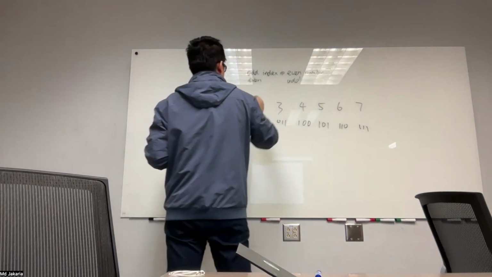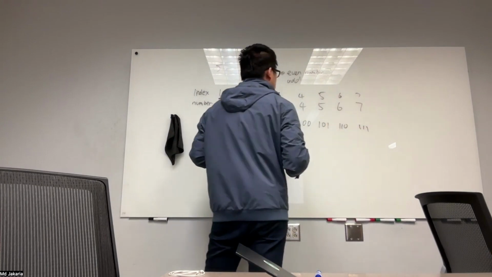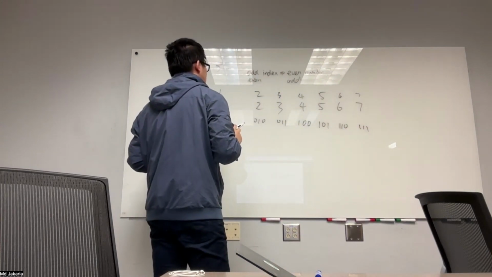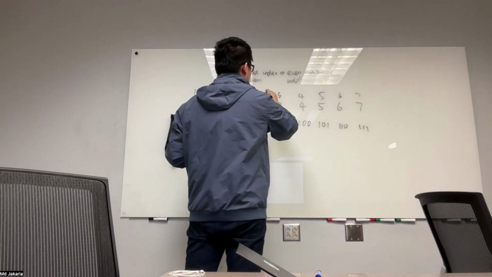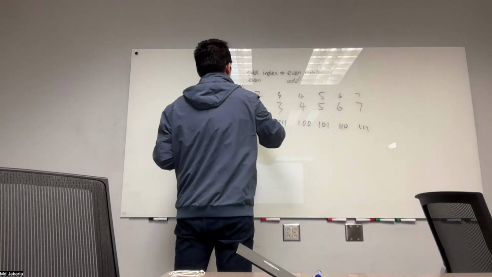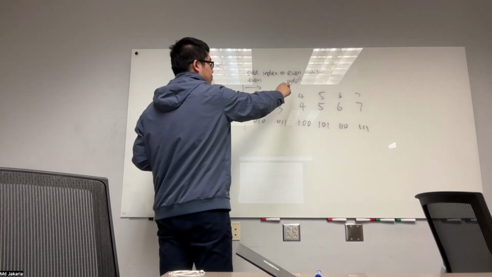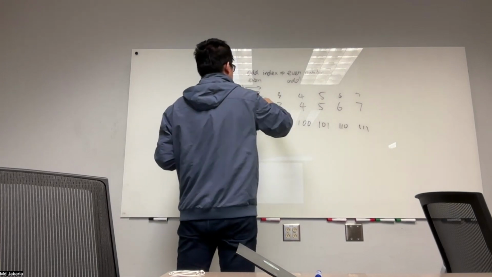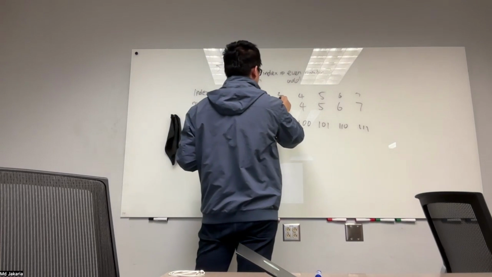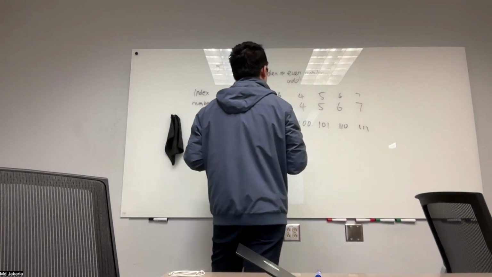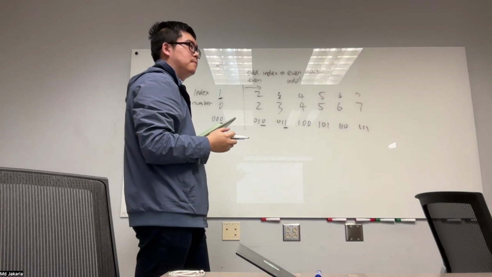That becomes 2, 3, 4, 5, 6, 7. If one of them is missing, then all the indices after that one will violate this rule, where an odd index gives an even number, and an even index gives an odd number. So this is enough to do a binary search.